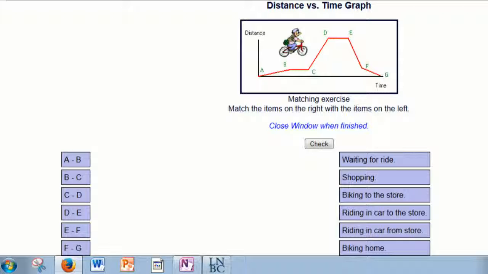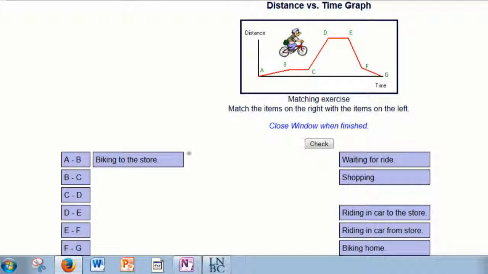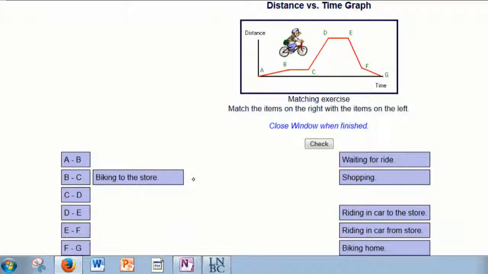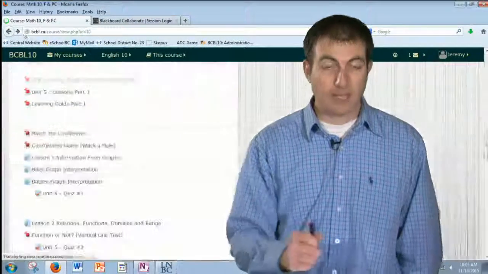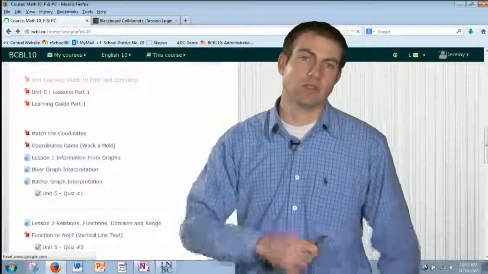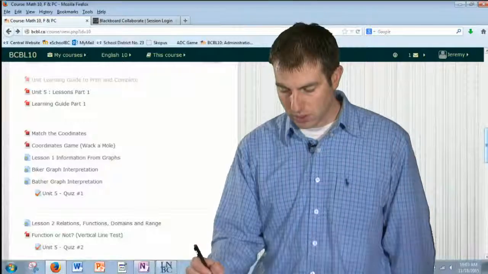You need to go through all the choices, and then you can just drag and drop it, and then check it. Sorry, try again. You can drag all these things around to try to figure out what's going on in this little picture. So there you go. If you want to play around with those, it's a little bit different look at some of these questions instead of just looking at them on paper, a little more interactive. So that's there for you guys to go through.